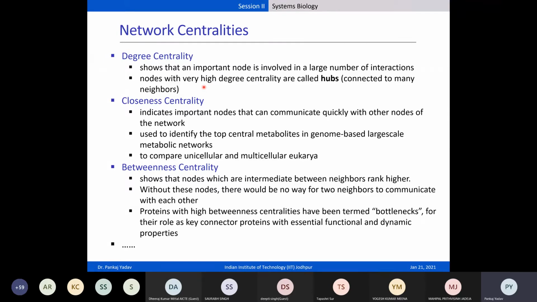So both types of networks are available, directed as well as undirected, and degree can be calculated differently for each. In this session, I will be talking only about undirected graphs or networks. Another measure is called closeness centrality, which is also one of the important parameters.